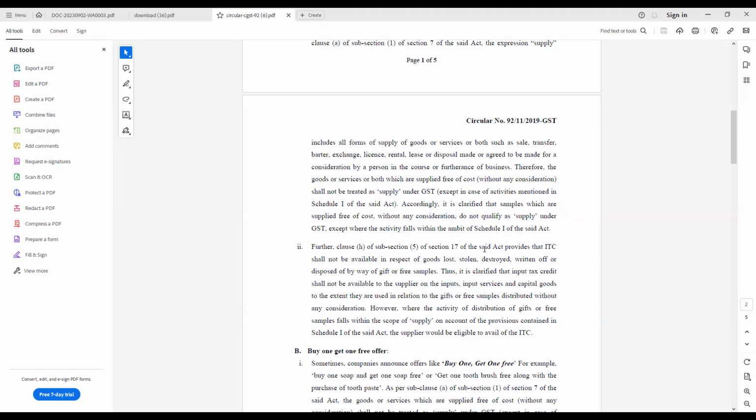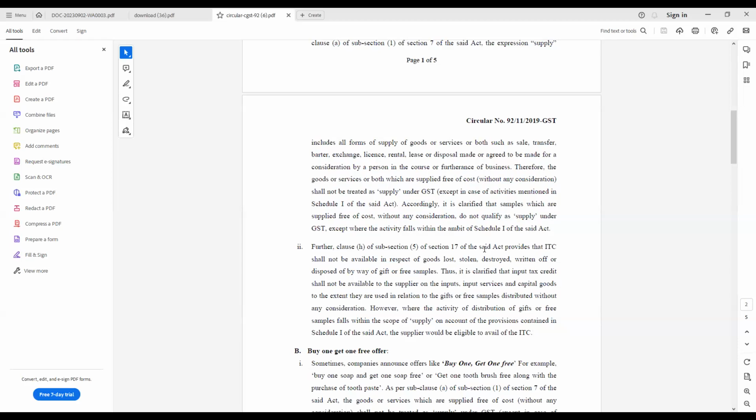Because the ITC has been availed and then a subsequent transaction of supply is being made, which is specifically falling within Schedule 1, Para 1. 17(5) is applicable because if Schedule 1, Para 1 would not have been there, I would always have treated that whenever I am supplying anything as a gift, I would be in compliance of the law if I reverse the ITC. But since there is a provision which covers a subsequent activity, once I have availed the ITC and then I am giving it as a gift, 17(5)(h) loses its applicability and Schedule 1, Para 1 would be applicable.